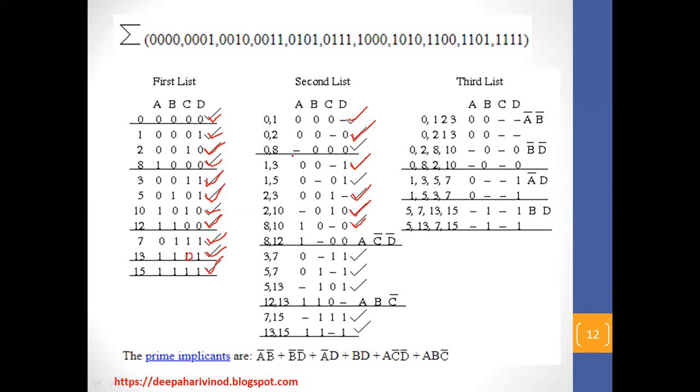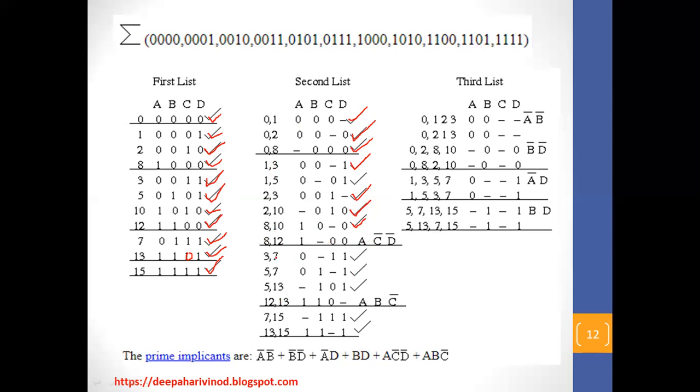Hope everything is done over here. 0 8 we already included. 2 10. Now 8 12, we didn't compare that 8 12 with any of the, it is not possible to compare.